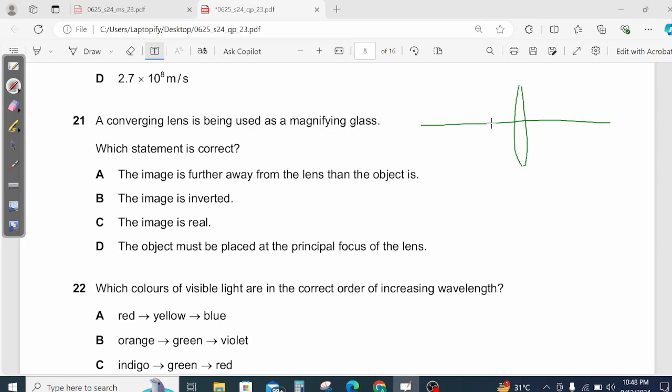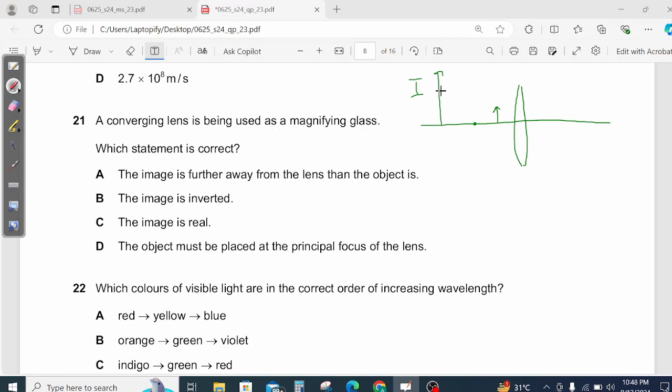Okay, and suppose this is the principal focus of the lens and the object is placed between the focal length of the lens, then its image will be formed on the same side as the object is placed. Okay, so this is your image.